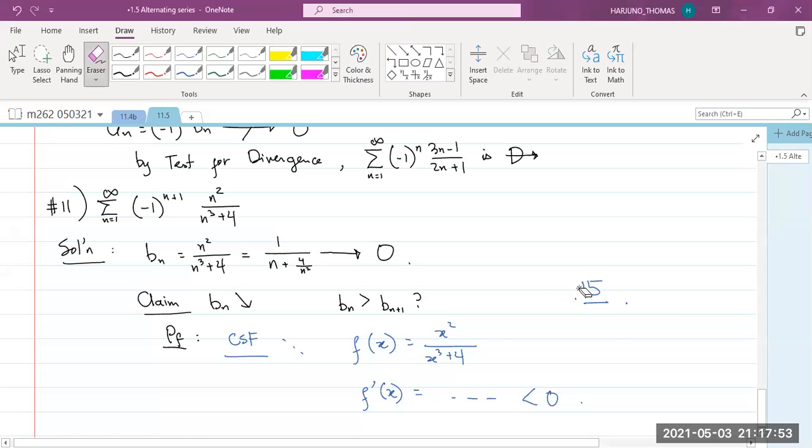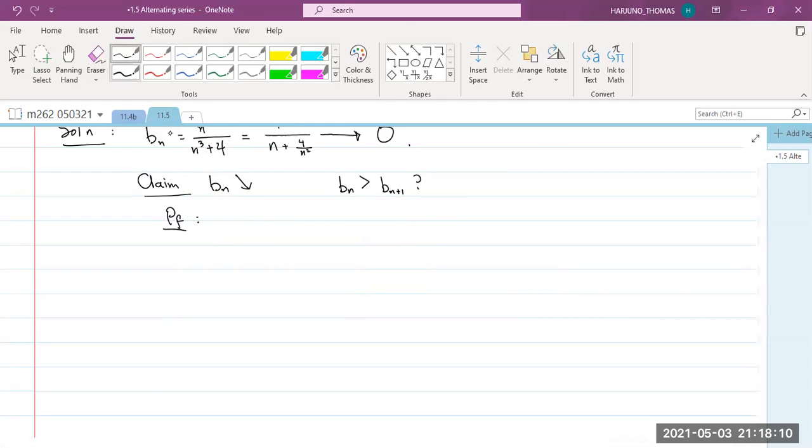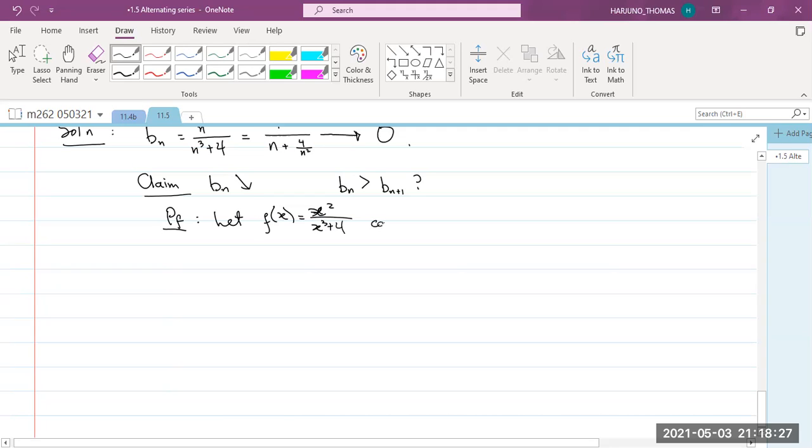Okay, let's continue again. I want to erase these. So let f of x equal x squared over x cubed plus 4, and this function is continuous on 1 to infinity, right?